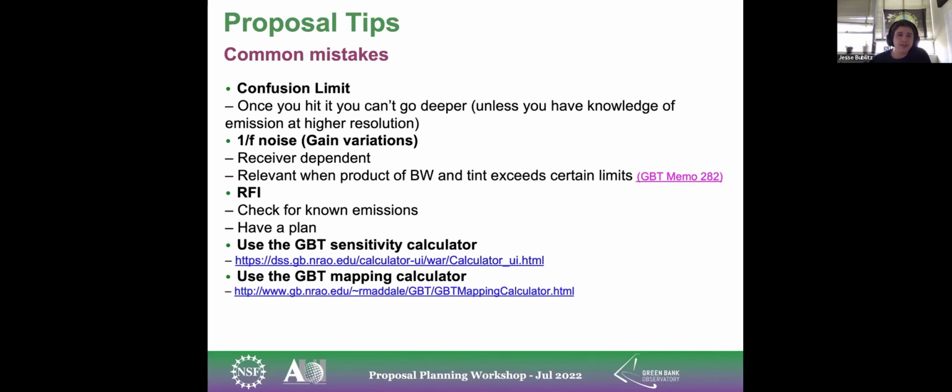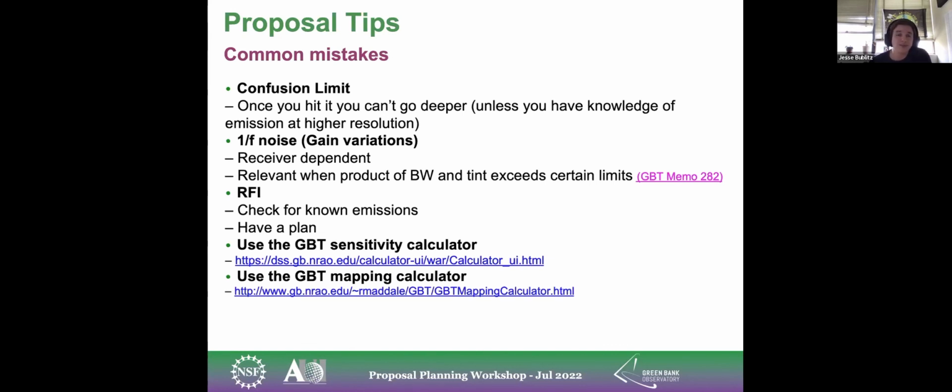And then there's a few common mistakes that people don't really take into account when they're setting up their sensitivity or mapping calculations. Some of them were mentioned before, like the confusion limit. So this is based on the background sources in the sky.